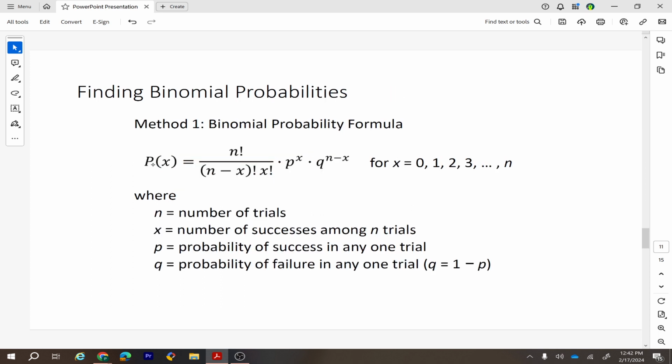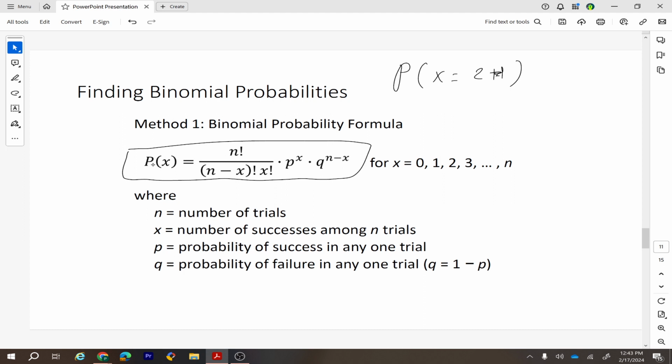And this is the formula we can use to calculate the binomial probability distribution. So what is the probability of finding exactly two heads out of 5 trials? In this example, n is 5, p is the probability of getting a head, which is 0.5, and q, the complement of head, is again 0.5.